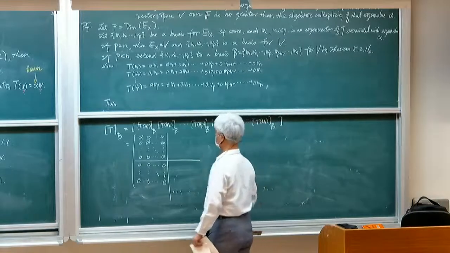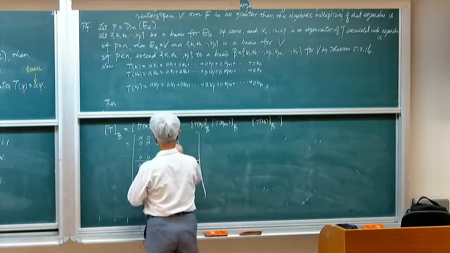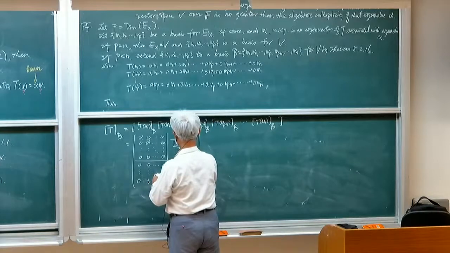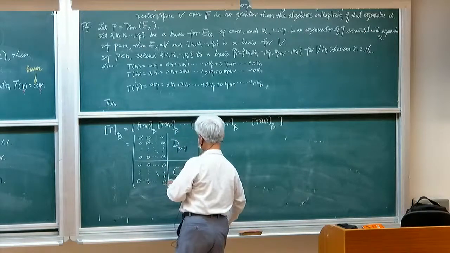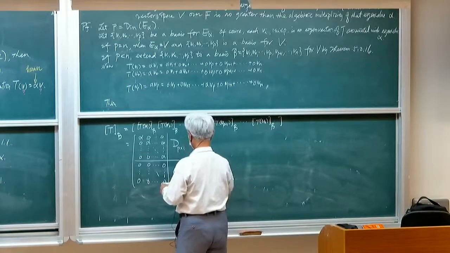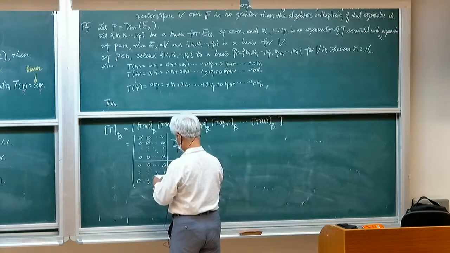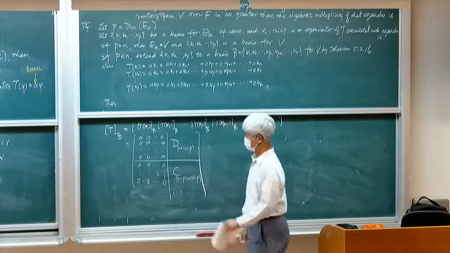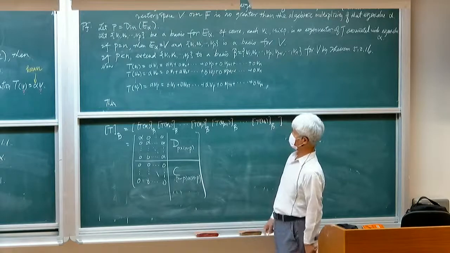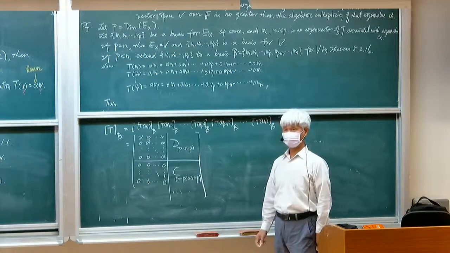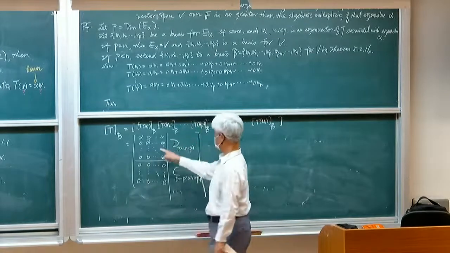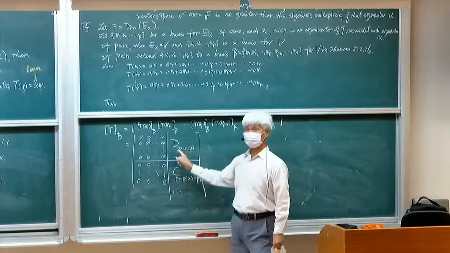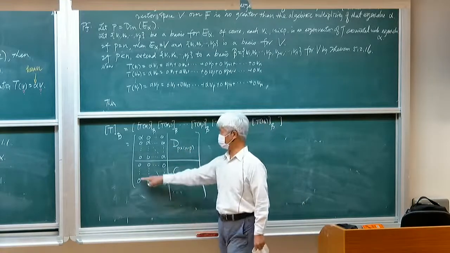So this part will be called D, and this is C. The D here is P times n minus P, and this is n minus P times n minus P. So this is an upper triangular block matrix, because this is all zeros.